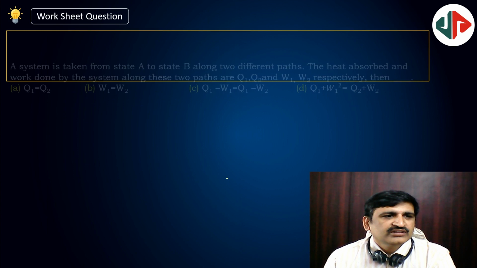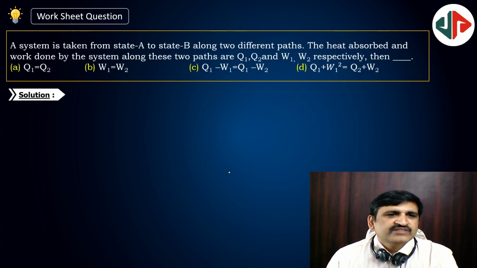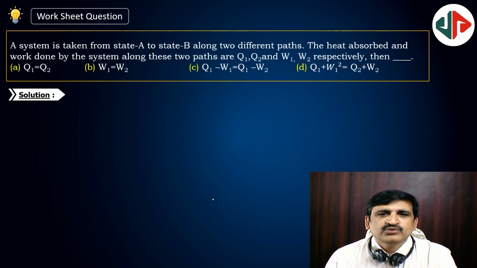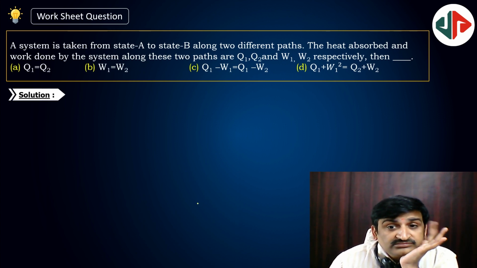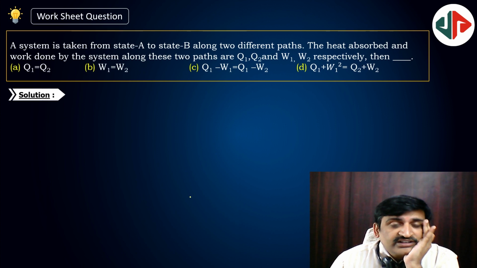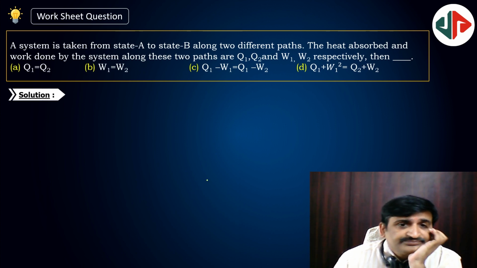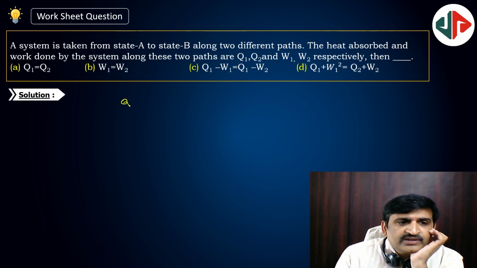Next, a system is taken from state A to B along two different paths. The heat absorbed and work done by the system along these two paths are Q1, W1 and Q2, W2 respectively. So the internal energy change should be the same, right? Q1 is the heat given, then W1 and dU will be there.